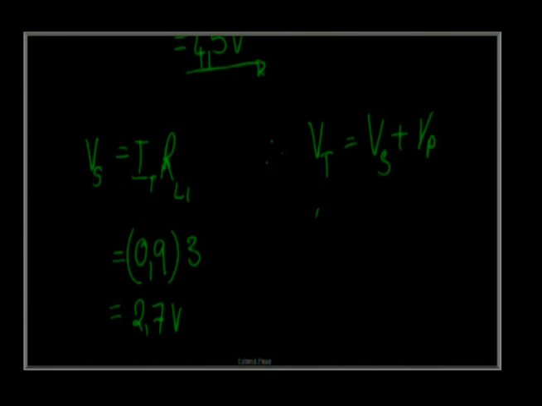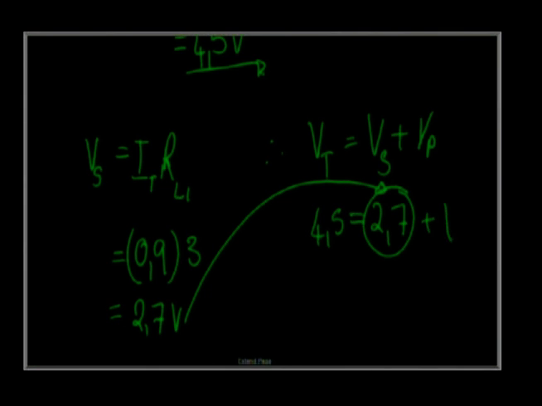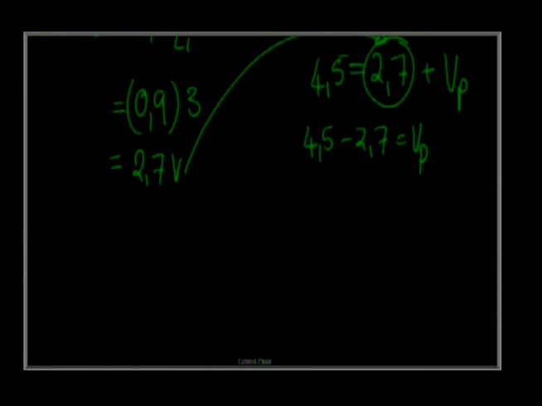And this was 4,5. 2,7 for our series connection, which is what we just calculated over here, plus the unknown potential difference that each of our parallel branches would have over there. 4,5 minus the 2,7 is going to be equal to the parallel connection potential difference.